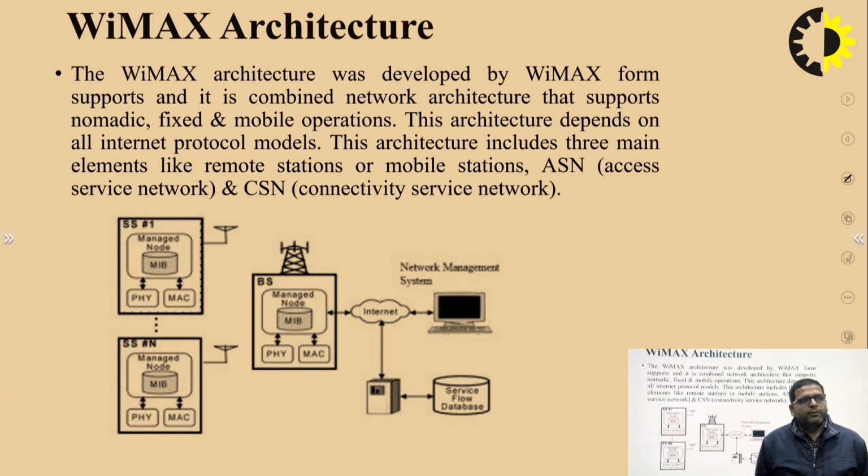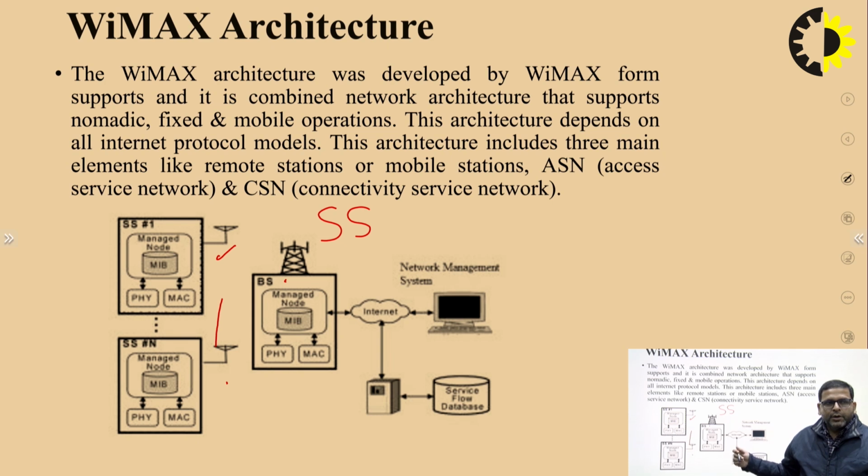When we talk about WiMAX architecture, the basic architecture of WiMAX is shown in this figure. There are multiple subscriber stations, represented by SS, and BS is the base station which provides connections to subscriber stations.